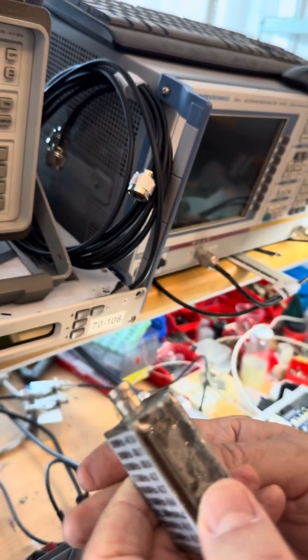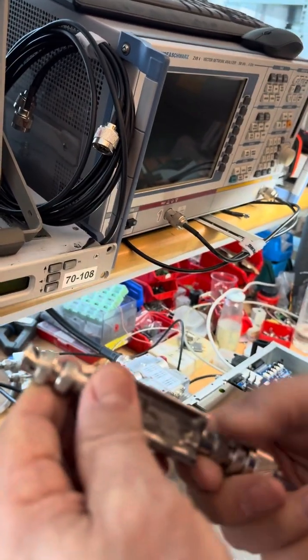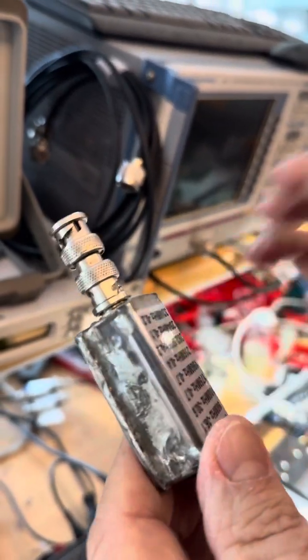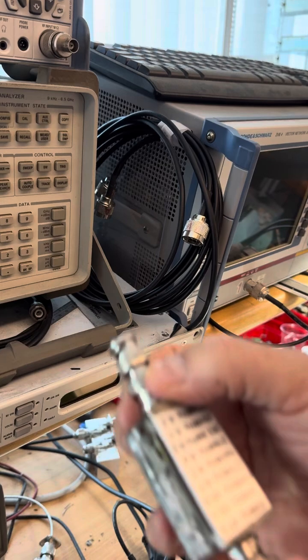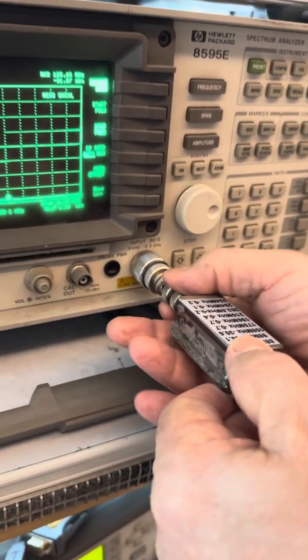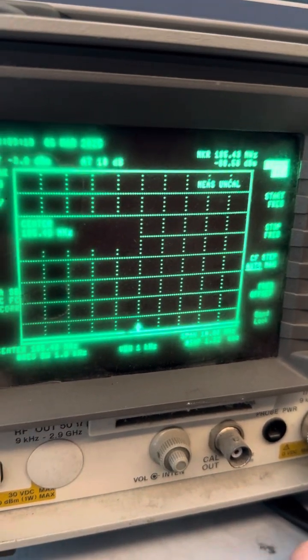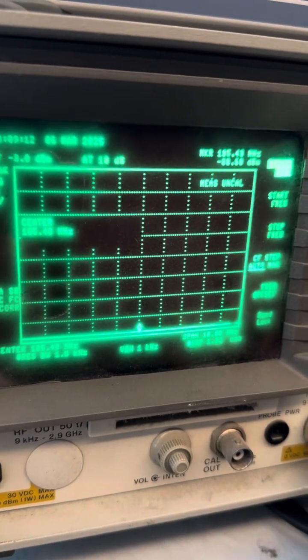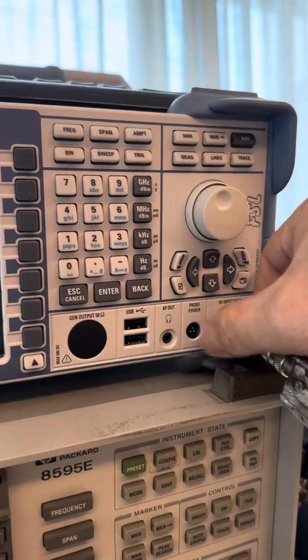So I will go in there and see how real the harmonic is, because now I'm attenuating the main signal by approximately 30 dB. If I take it here, I see absolutely zero. I can't measure, it's too low for this spectrum analyzer, but I can measure here and see the value.